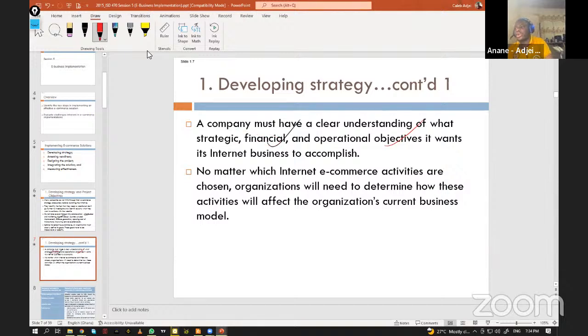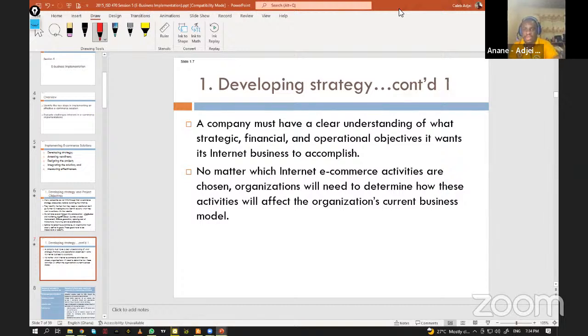Or in terms of operation, help reduce certain repetitive processes to a very minimal process, so that there can be faster dispatching of goods when customers purchase from you online. So what is your clear understanding of what you intend to accomplish by implementing the e-business platform?